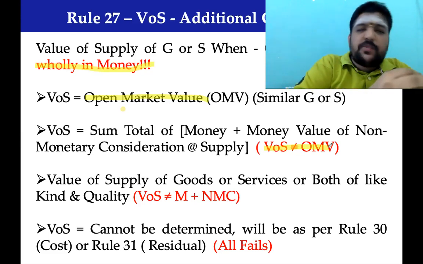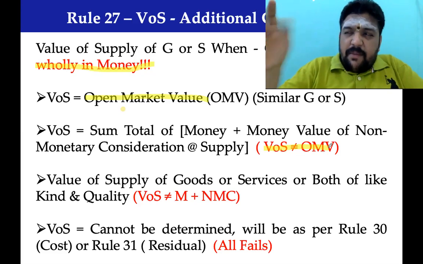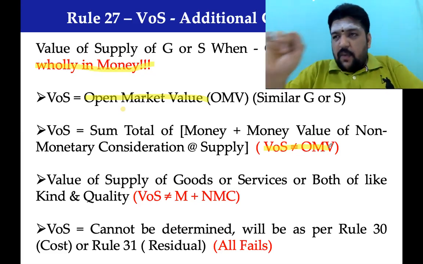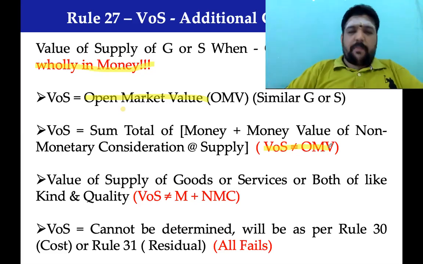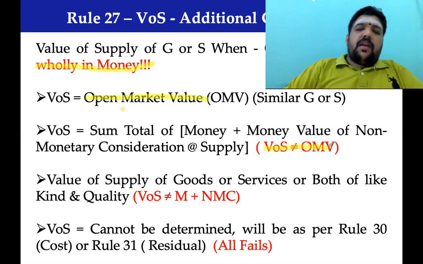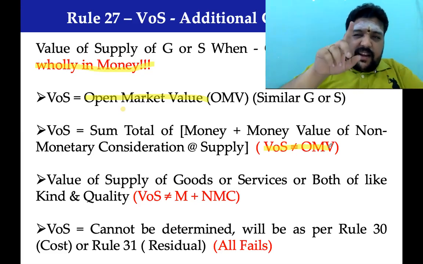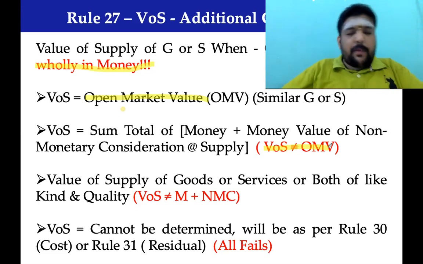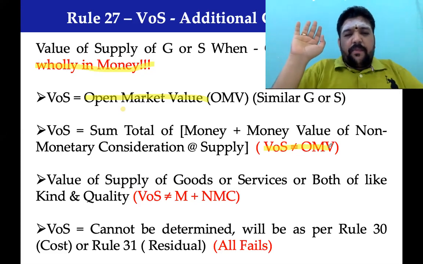That laptop is worth 6,000 rupees. I received money of 70,000 rupees, then 6,000 plus 70,000 equals 76,000. 76,000 will become the value of supply. 99.99% you will conclude your answers in your second subclause, whatever be your level, okay?